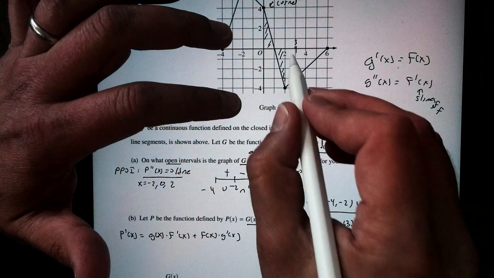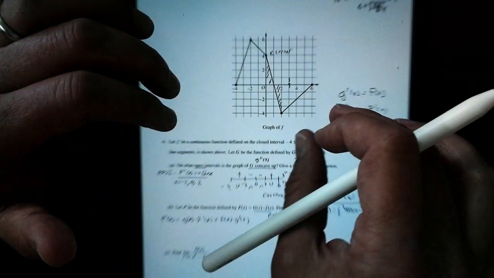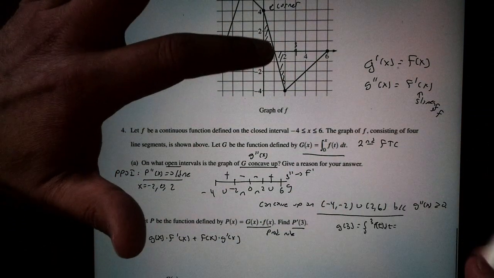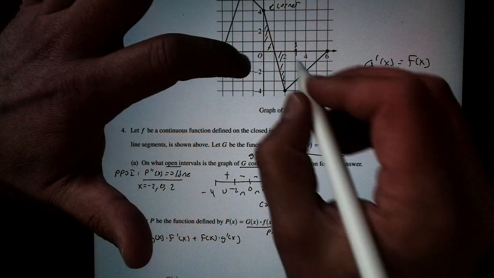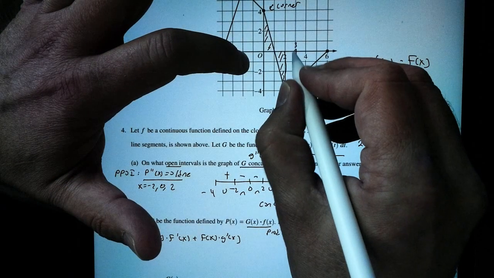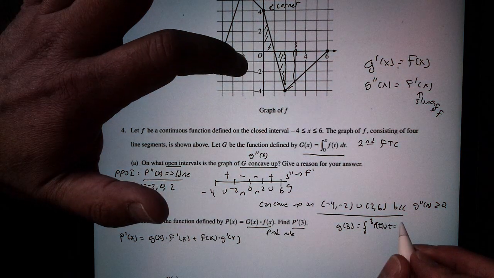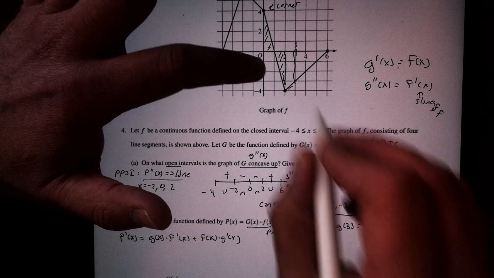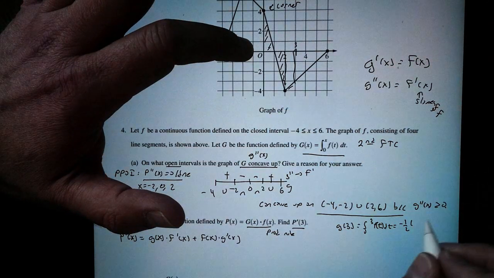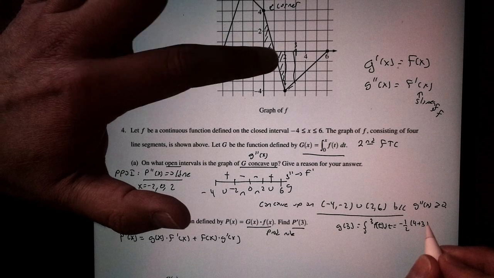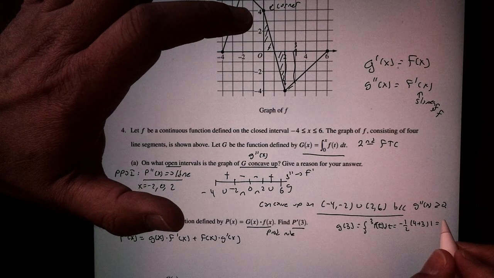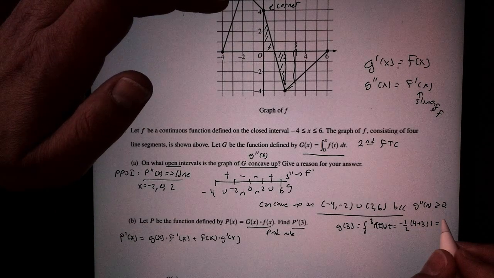They're the same area. So we really only have to look at the trapezoid right here, this little piece. And that is going to be -1/2 times the sum of the bases, 4 plus 3, and the height there is 1, so that's just -7/2.